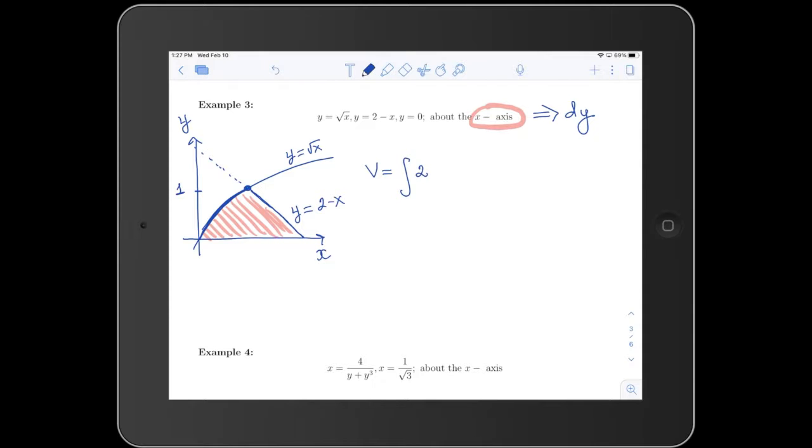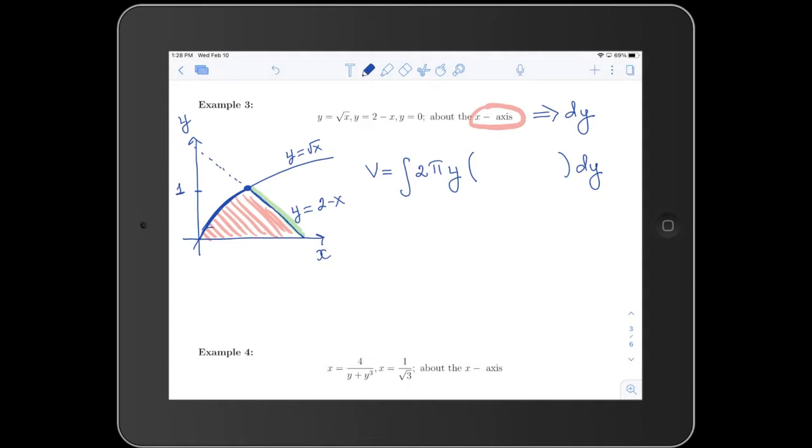But now I'm going to do 2 pi y. That is my circumference, the circumference of each shell. Something goes here, dy. So the top function in terms of y minus the bottom function. The top function, let me highlight that one in green, would be this one.